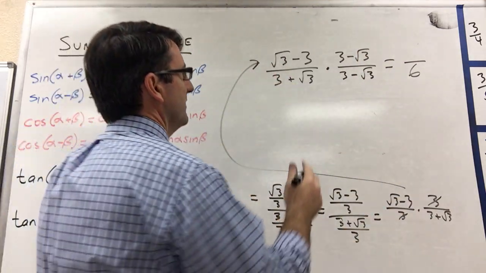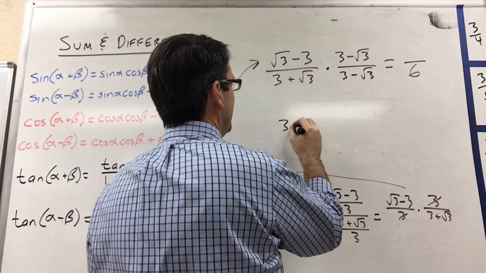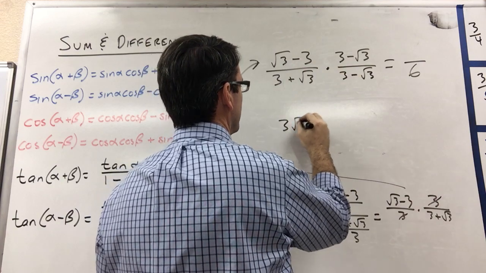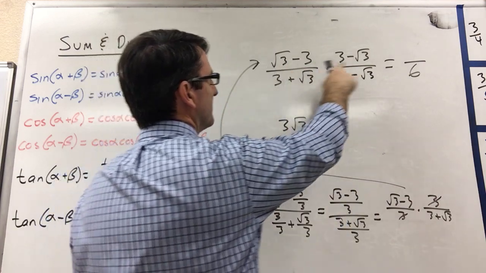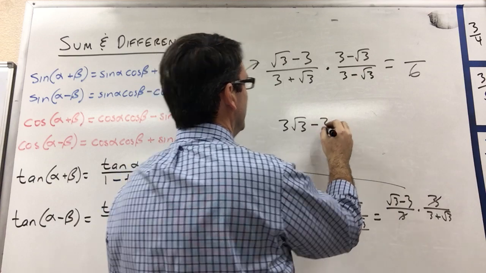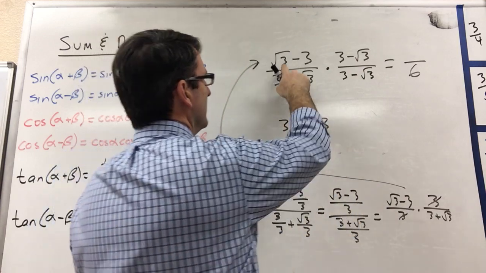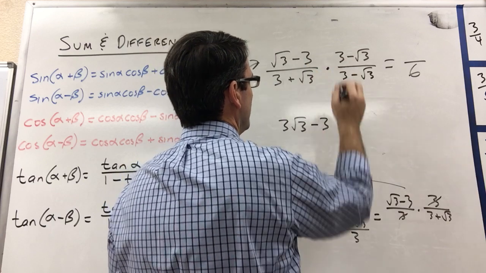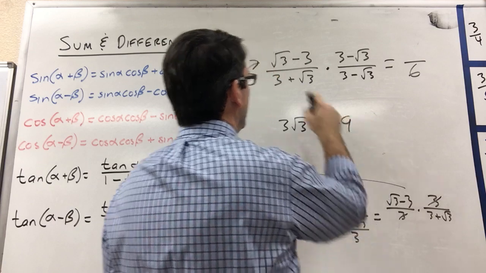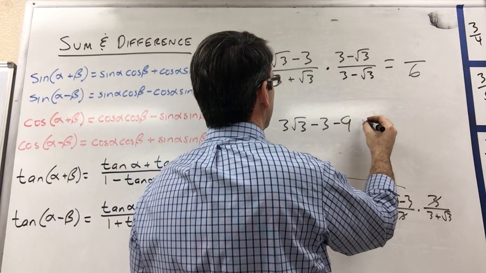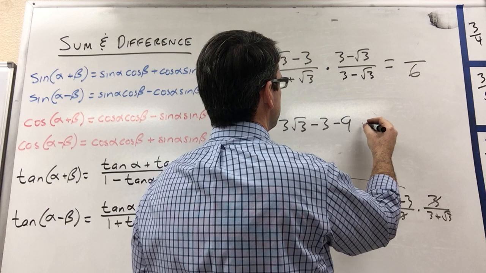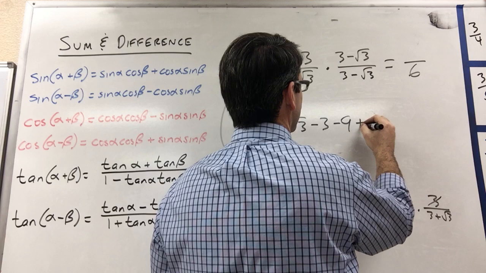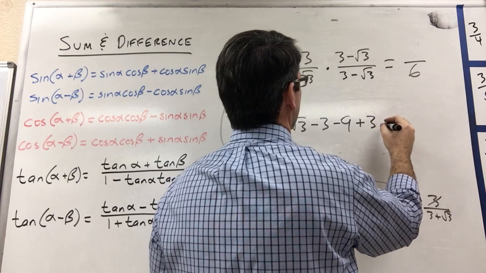All right, so if we multiply this top, we get 3 times 3, which is 9 wait, the numerator is the square root of 3 minus 3 times 3 minus the square root of 3. Square root of 3 times 3 is 3 square root of 3. Square root of 3 times negative square root of 3 is negative 3. The inside one, negative 3 times negative 3 is negative 9. And negative 3 times negative square root of 3 is positive 3 square root of 3.